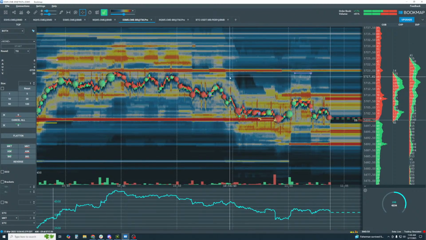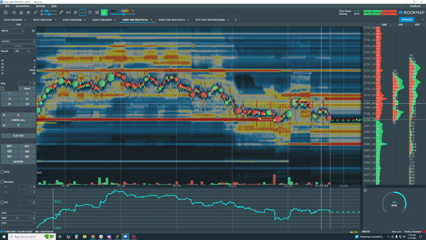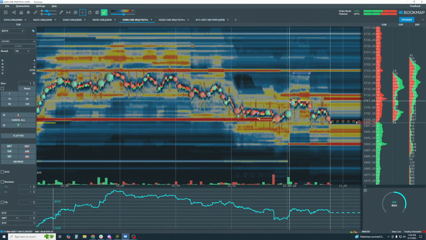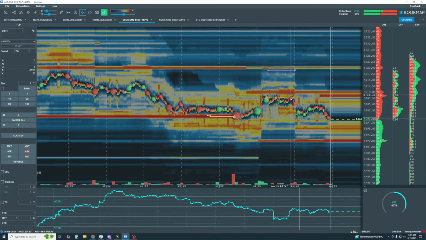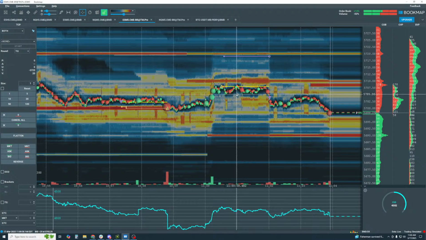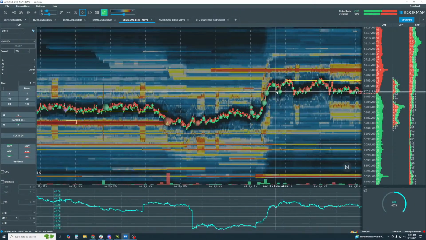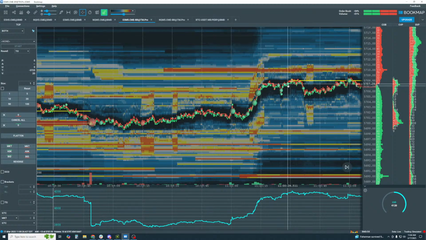But that's not for the continuation pattern. That's not what we're looking for. Continuation pattern is strong buying all the way through at the top edge as well. A low volume pullback, and that's why I got involved in here. It was a little less volume in here, but some strong volume in here, and then a pull away in here.